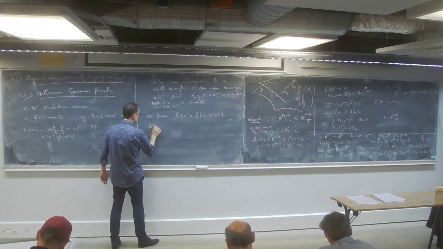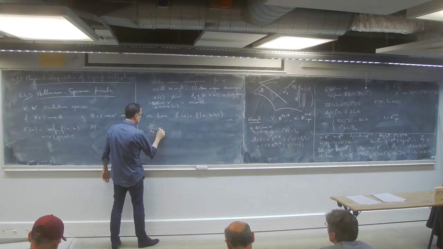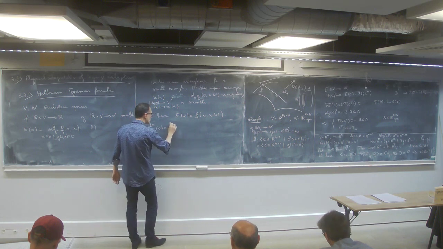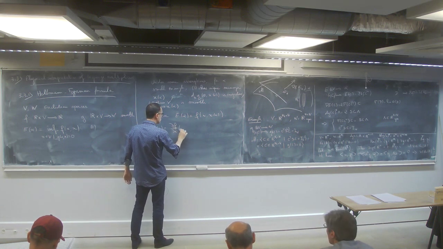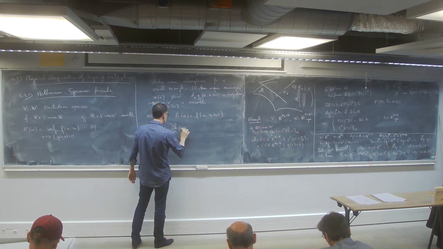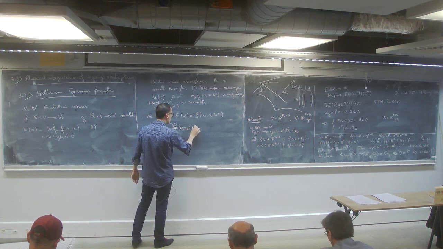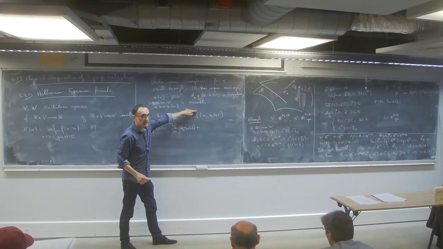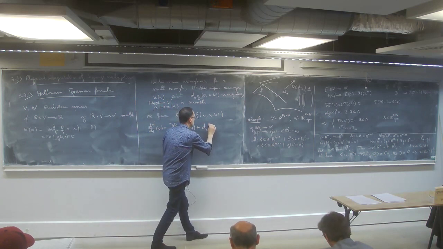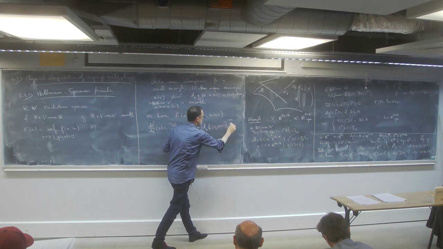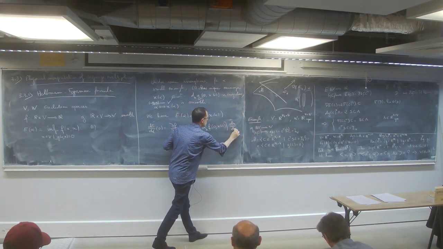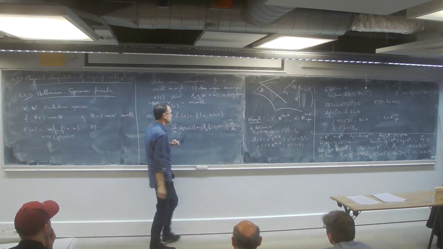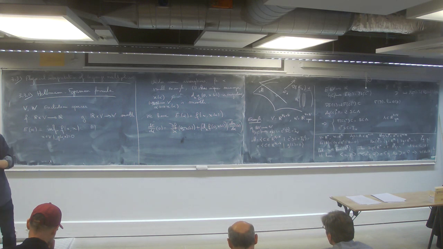We have dE over d alpha at alpha equals 0 equal to the partial derivative of F with respect to alpha at 0, and then plus the chain rule, so the derivative of F with respect to x evaluated at 0 and x naught applied to the derivative of x with respect to alpha. Okay, that's the chain rule.